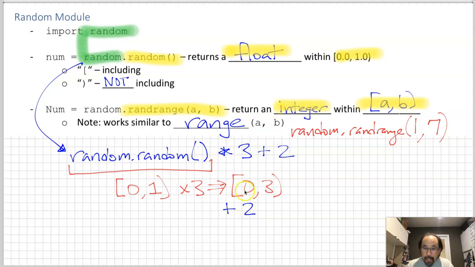In this case, the minimum value that will ever happen will be 2, and the maximum value will be 5. So by doing arithmetic, I can get similar results of getting a random floating point between two different numbers, just like randrange. The difference is one generates a random floating point, whereas the other generates a random integer.